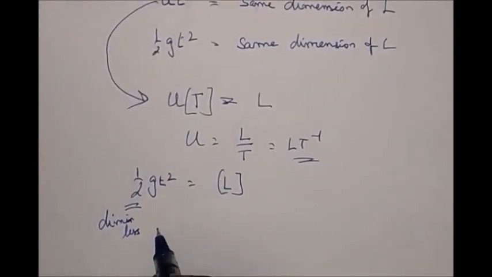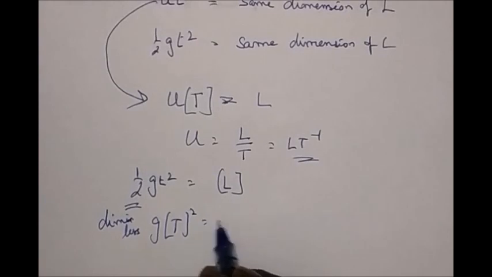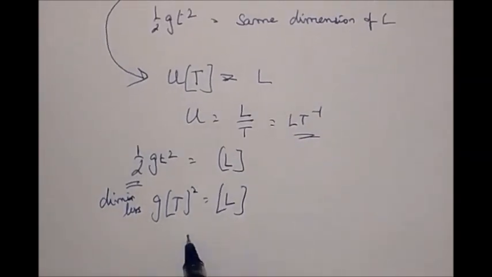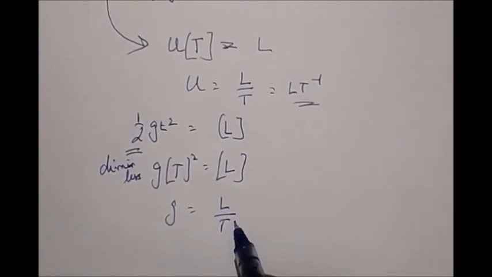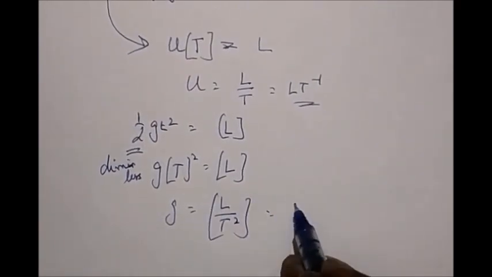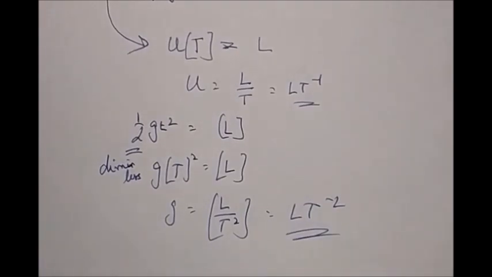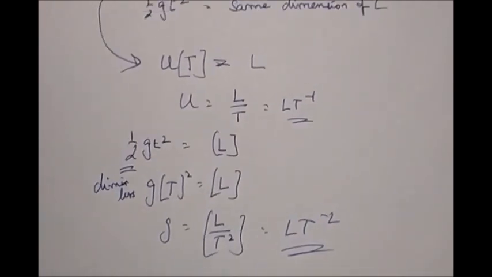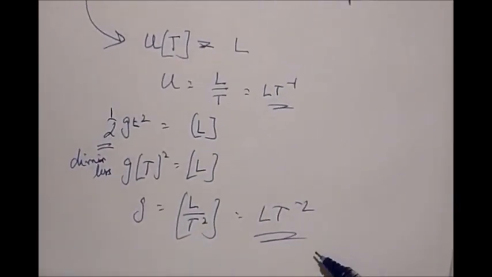T is already there. g into t square is equal to L, and g is equal to L upon t square, which is equal to L t minus 2. So this is the formula for this one. So you got the answer for u, you got the answer for g.